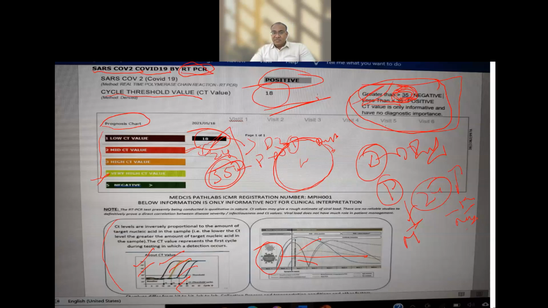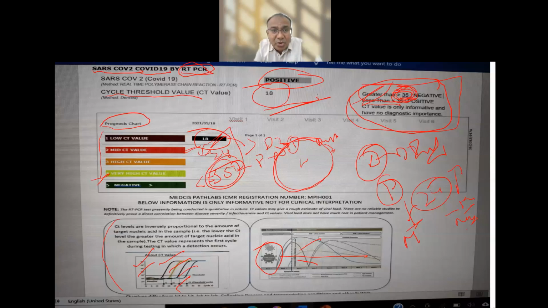They could have used the term 'less than and equal to 35'. So 35 is considered positive. Yes, it's considered positive. Thank you, sir.